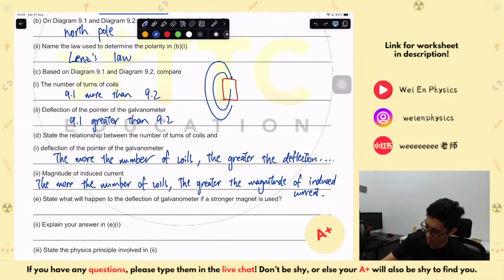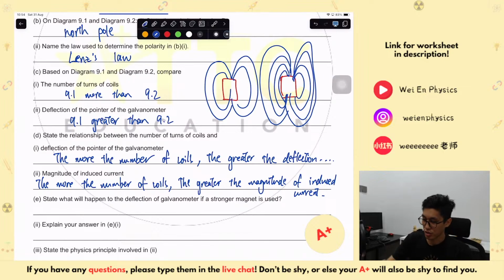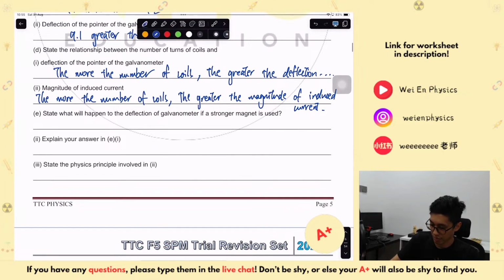If you use stronger magnet, you get like that. So then you will have more cutting. This one cut 4 at the same time. This one cut 8 at the same time. So you're gonna produce more electricity.